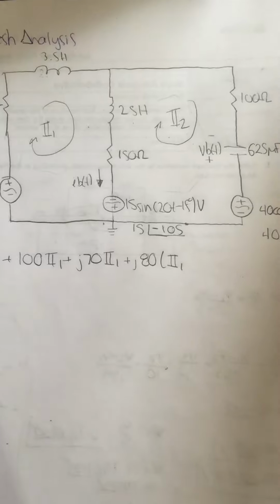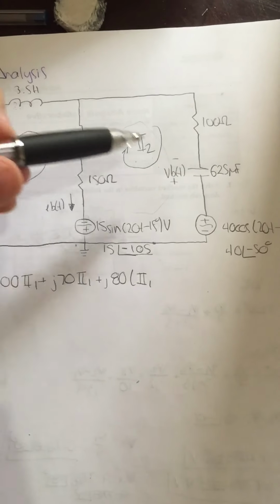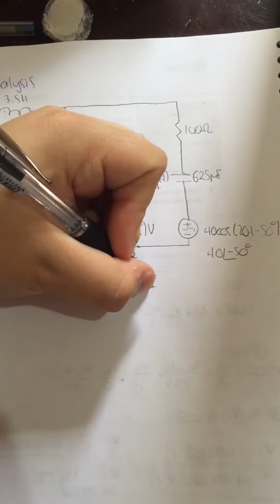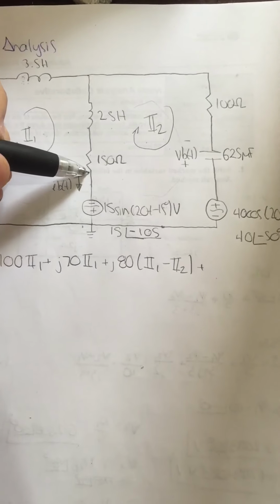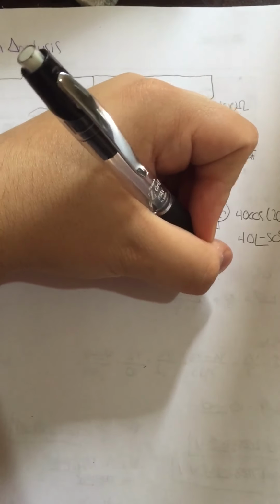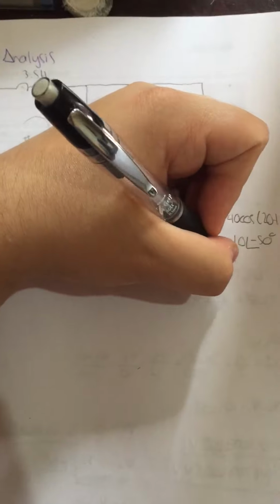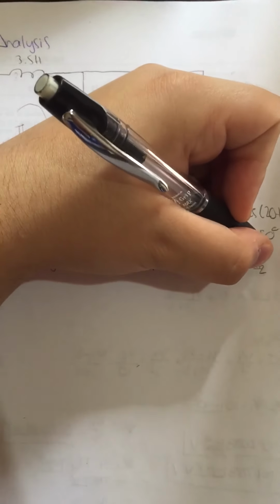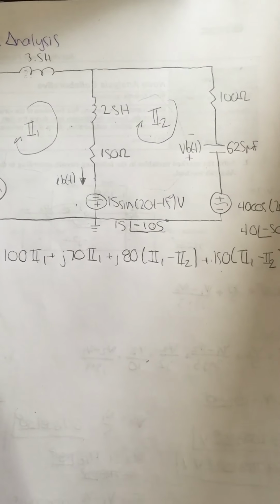but we can see that this value is in between these two meshes, so we are going to subtract I2, plus this resistance 150 times the same I1 minus I2, right?